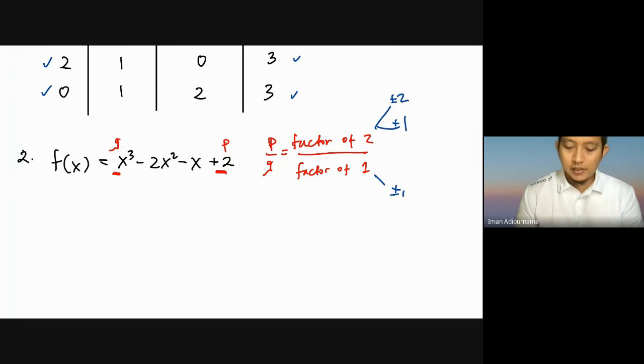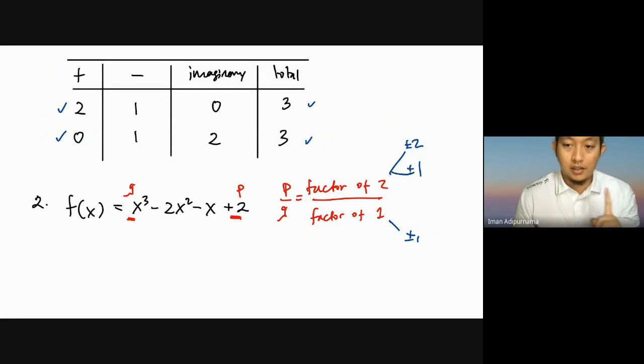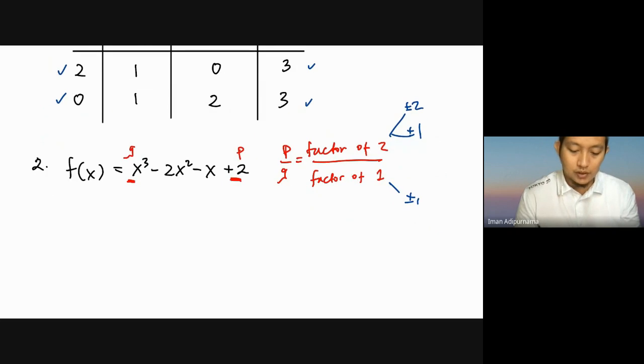We can start with negative, because we know that it should be having 1 negative zero. So let's start with negative 1.